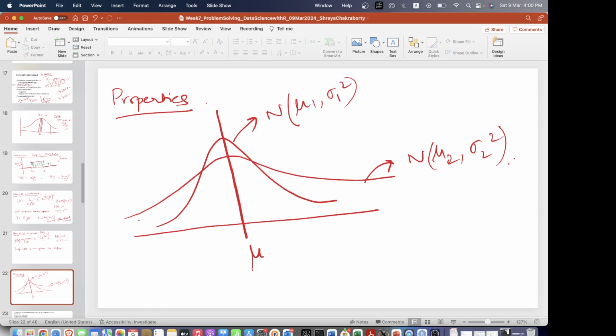So here in this case, mu1 equals mu2 equals mu. But what is the relation between sigma1 squared and sigma2 squared? Is it greater than, less than, equal to? What is it?